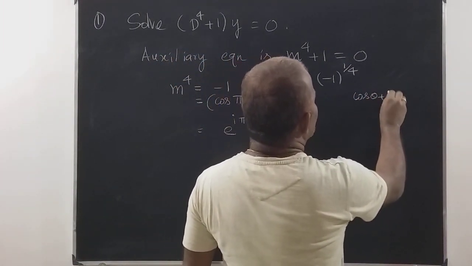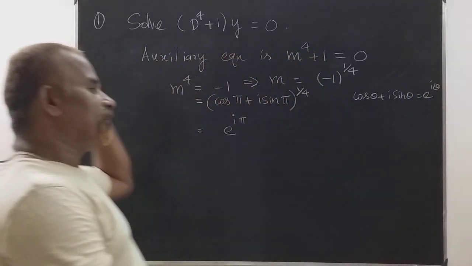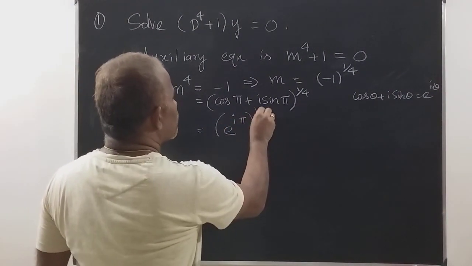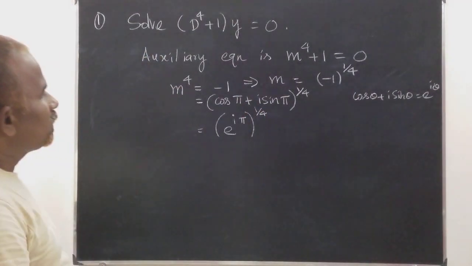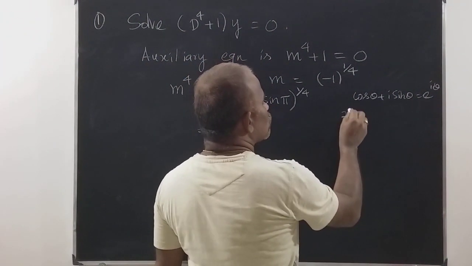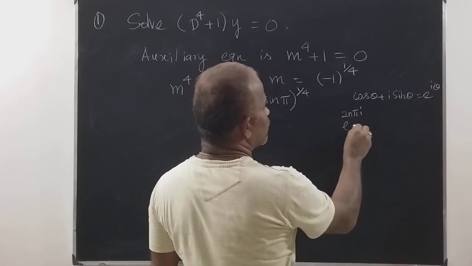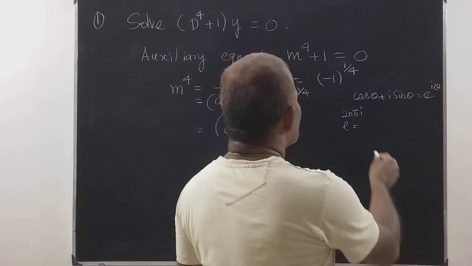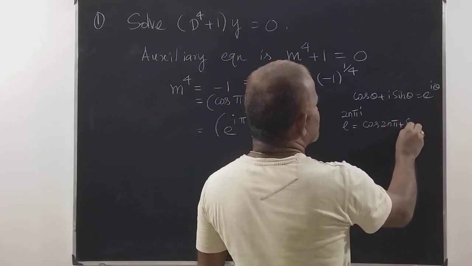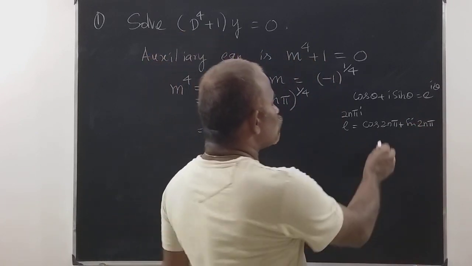So we have (e^(i pi))^(1/4). Now e^(2n pi i) = cos 2n pi + i sin 2n pi.